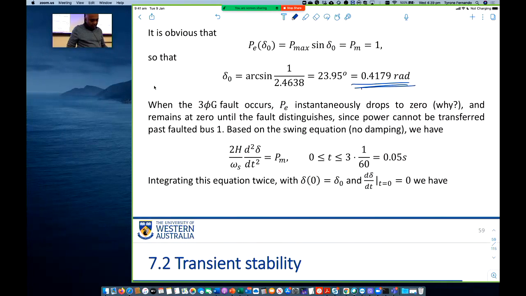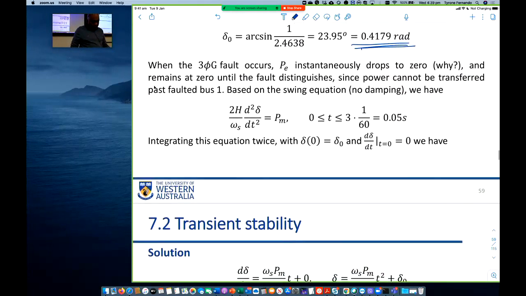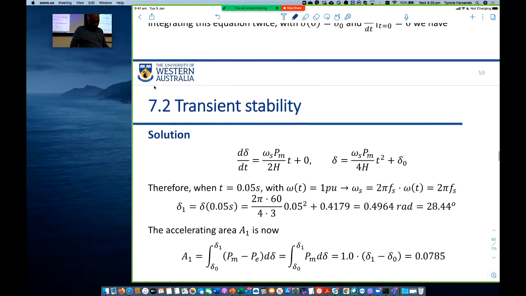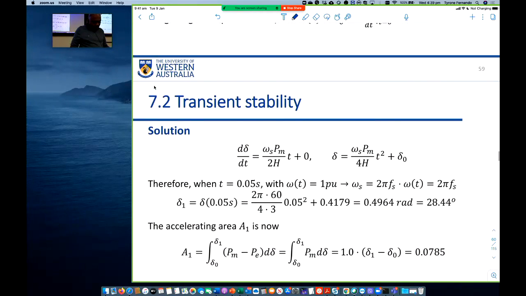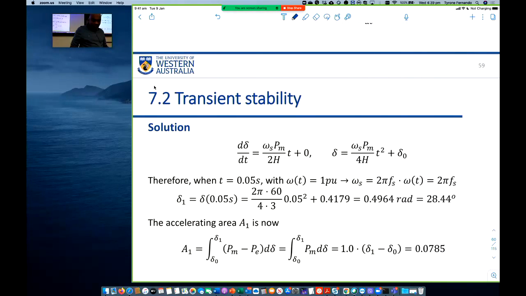And we know the frequency, so we know what 3 cycles means in seconds, therefore we can calculate delta 1.